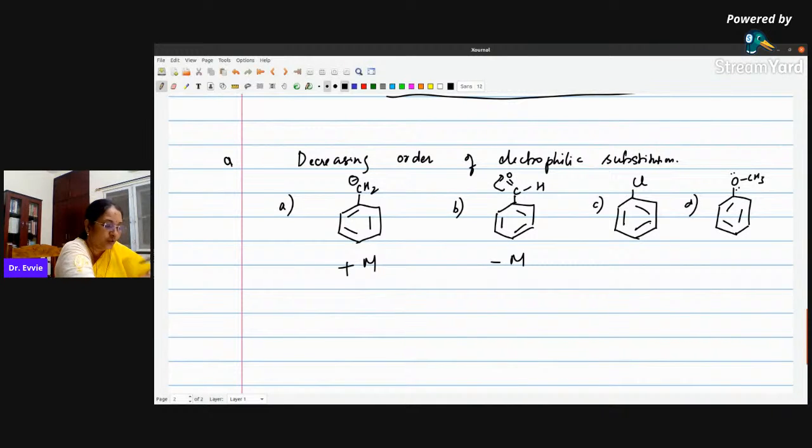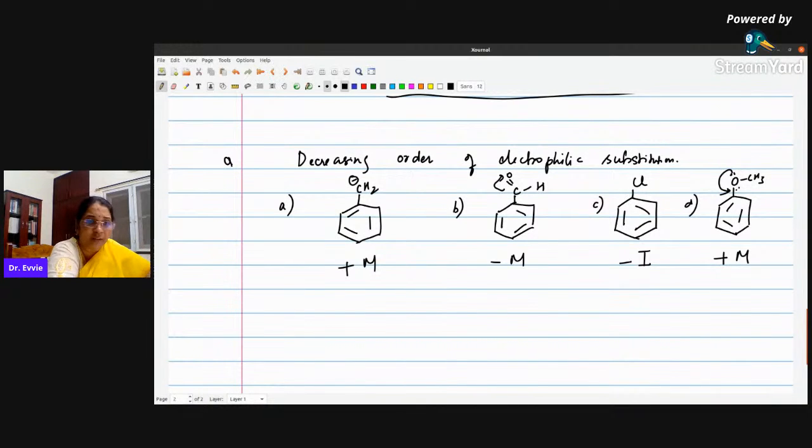Okay. Now I told you halogen. This is an exception. As I told you, this one will take the minus I effect more than the plus M. It will show plus M, but minus I will always take over. And here we know this lone pair will also enter the ring. Now you see A and D, the negative charge is there, so it will undergo more resonance because, as I told you, the charge on the atom is very unstable, so it will quickly enter the ring.